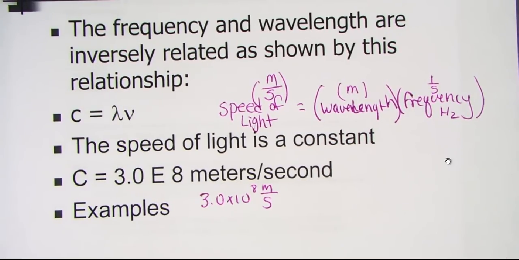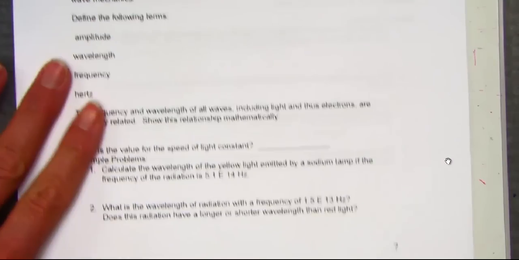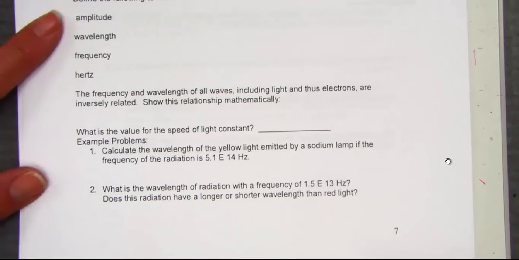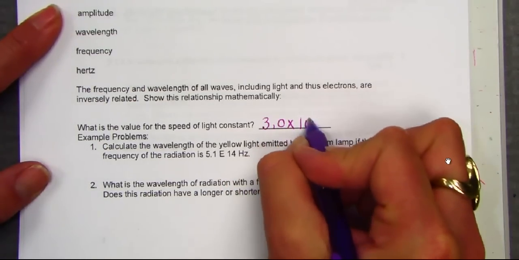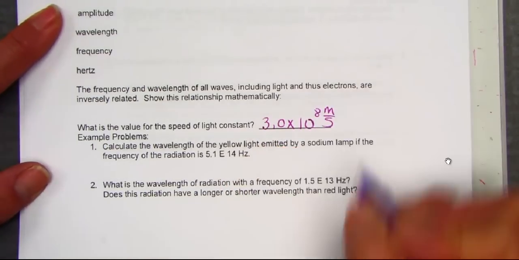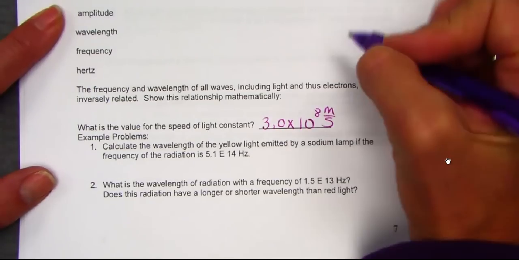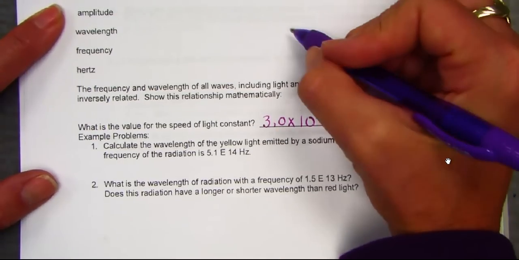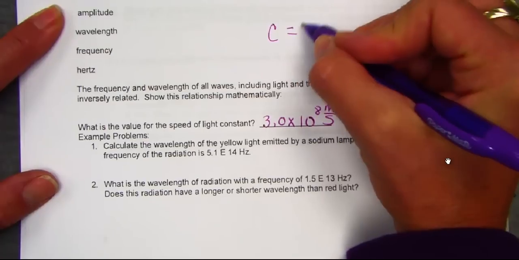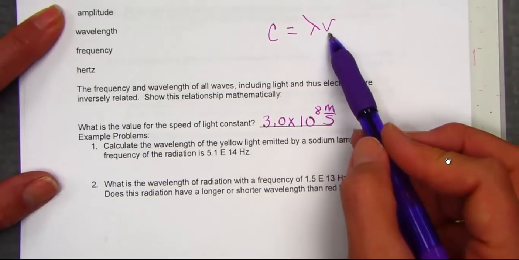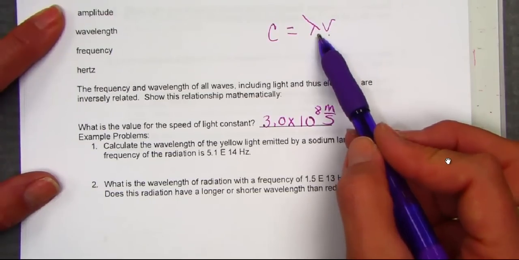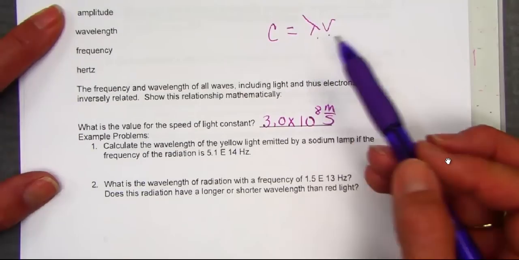Let's take a peek at some examples using this most likely familiar formula for us. The speed of light, 3.0 times 10 to the 8th meters per second. And we understand the formula that relates wavelength and frequency. The speed of light is equal to lambda nu. That squiggly little v represents frequency. The upside down y represents wavelength.